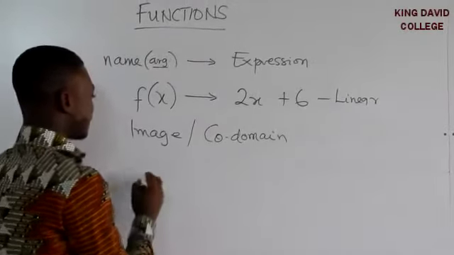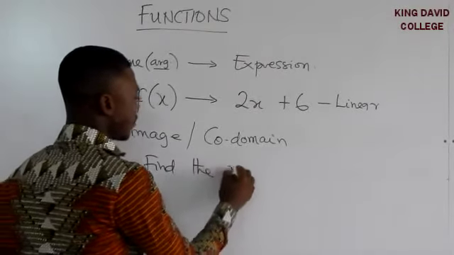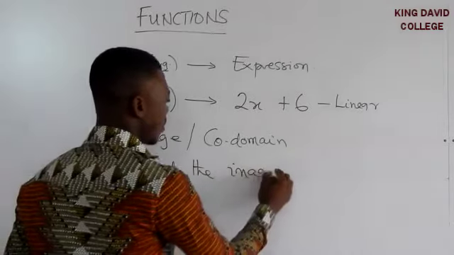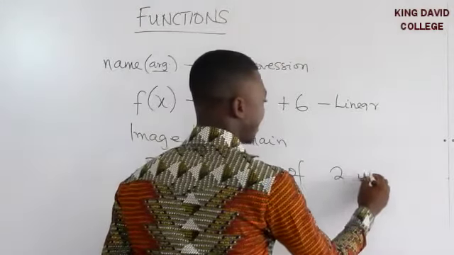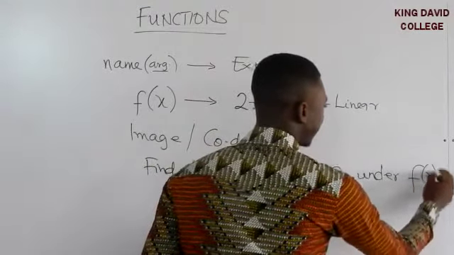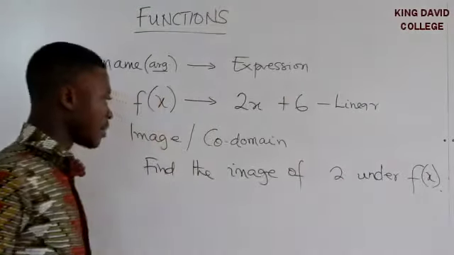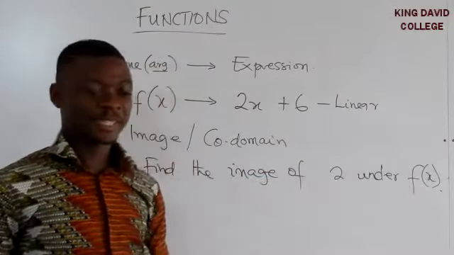So with this, let's say you are asked to find the image of, say, 2 under the function f of x. Okay, so you find the image of 2 under the function f of x.